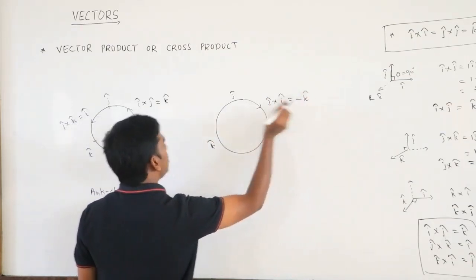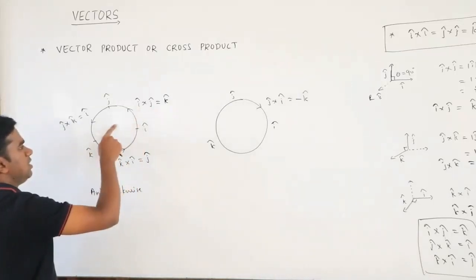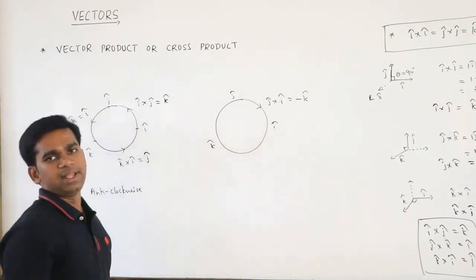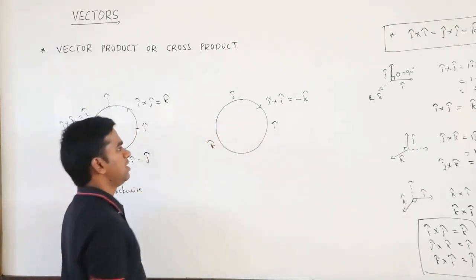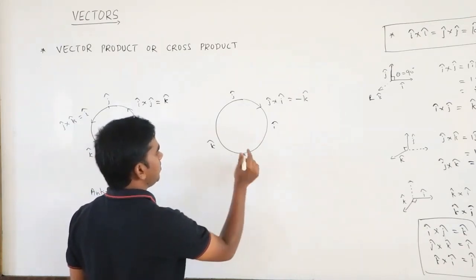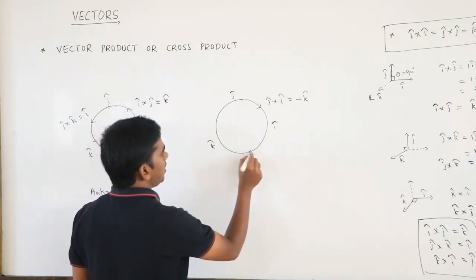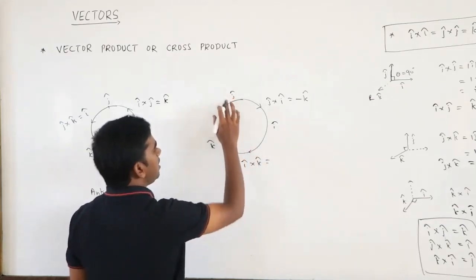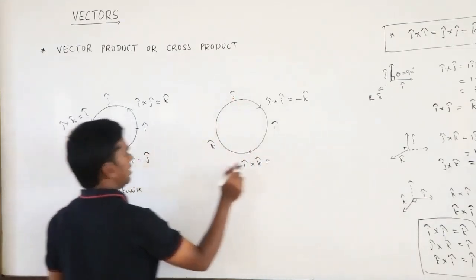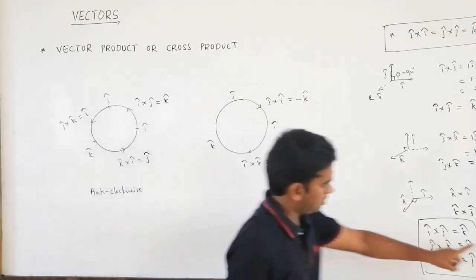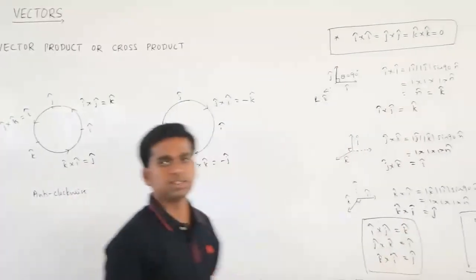Why? Because the direction got changed. In this direction you had taken positive, so in the opposite direction you have to take negative. Again from i to k, i cap cross k cap will be j, but you are going in the opposite direction, so that will become minus j cap.